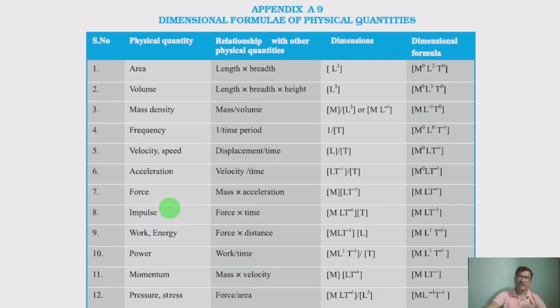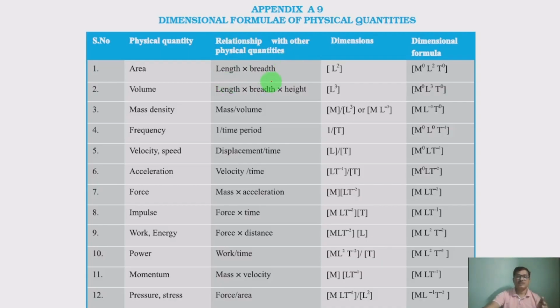Those quantities I will also show in other sessions. These 12 quantities are: area, volume, mass density, frequency, velocity or speed, acceleration, force, impulse, work, energy, power, momentum, pressure, stress, and their relationship with other physical quantities.